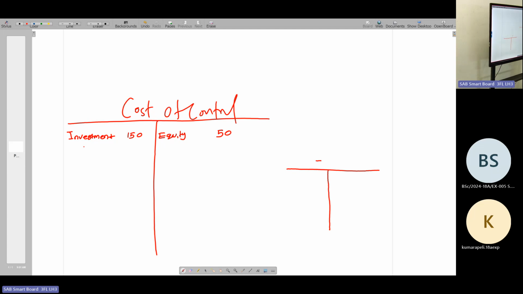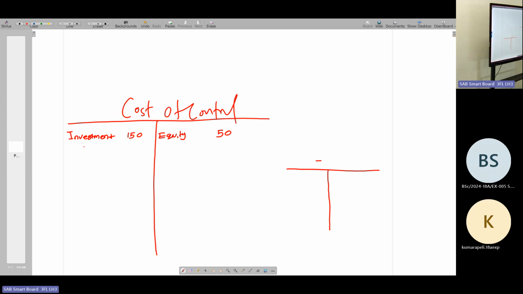Equity of company B. The non-controlling interest here. We should get the proportionate value of net assets. The acquired percentage is 60%, the NCI percentage is 40%.